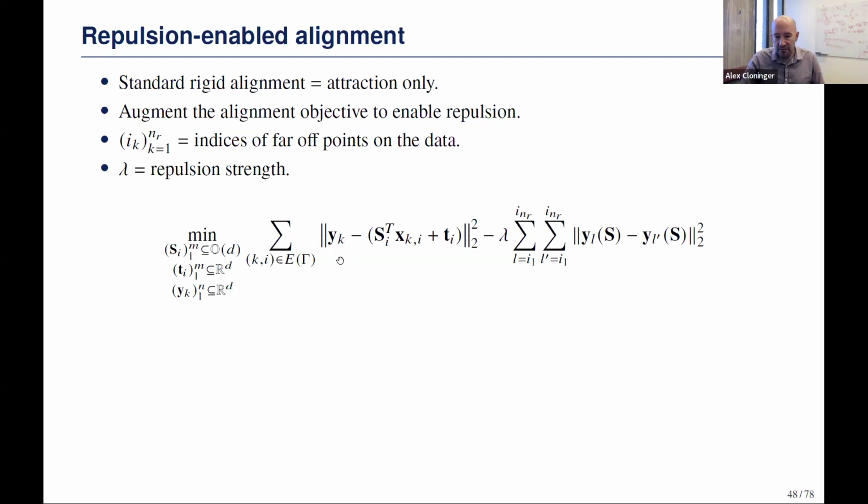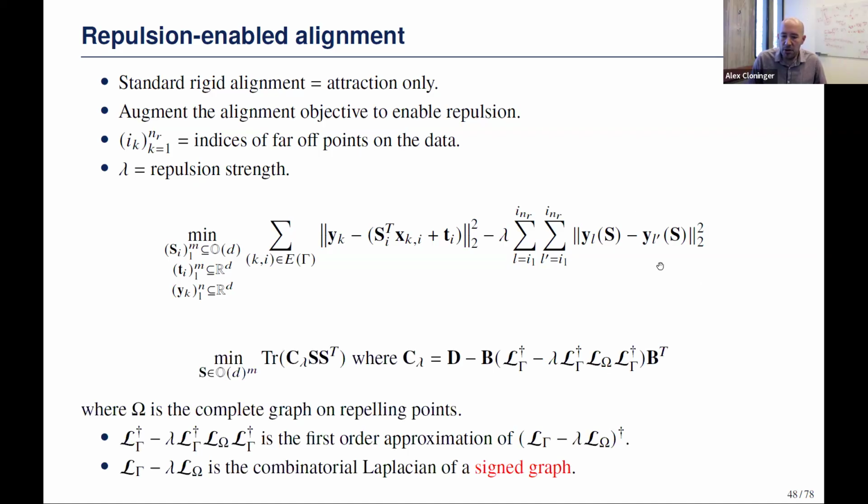And you can do that very trivially in this optimization scheme by adding a repulsion. Just take points that are far apart from each other and make sure they embed far apart in your embedding space. You repel. So now we have an attraction term here, and we have a repulsion term on that second term. And you can actually build up this entire thing and get that this problem is basically just a function of the Laplacian of signed graphs. And then you can apply all the stuff I talked about, Riemannian gradient descent, there.